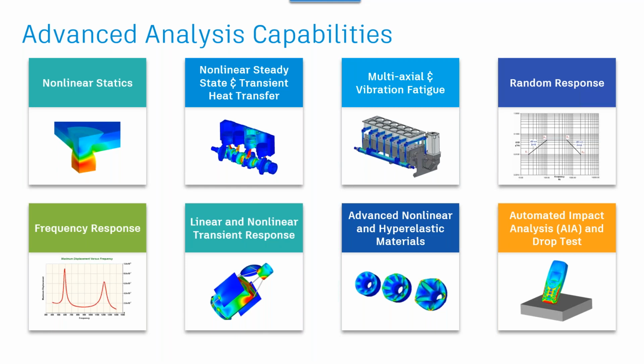Again, we also have capabilities like linear, nonlinear, transient response, as well as the capability to simulate nonlinear and hyperelastic materials. Also, we have through our Nastran solver the capability to simulate impact analysis and drop tests.